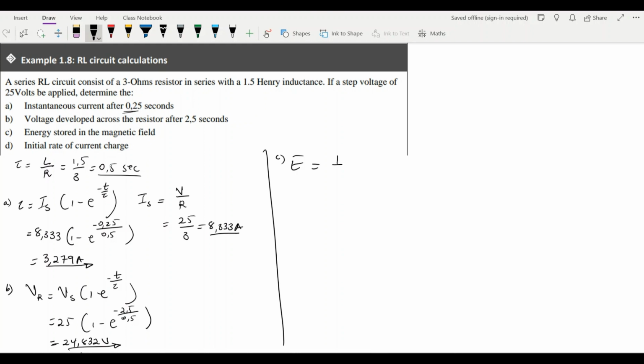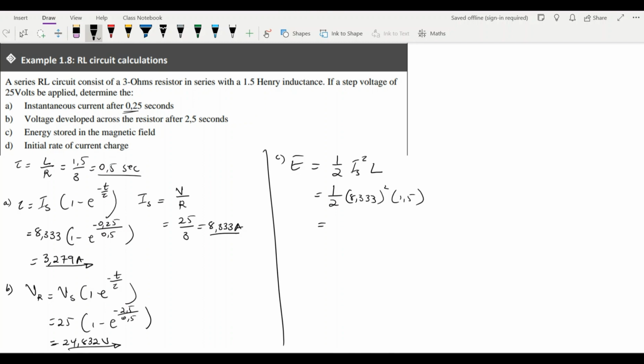Now, this would be 1 over 2 I squared L. The I should be the supply current or the maximum current. You can put an S or an M there. That would be 1 over 2, 8.333 squared multiplied by 1.5.